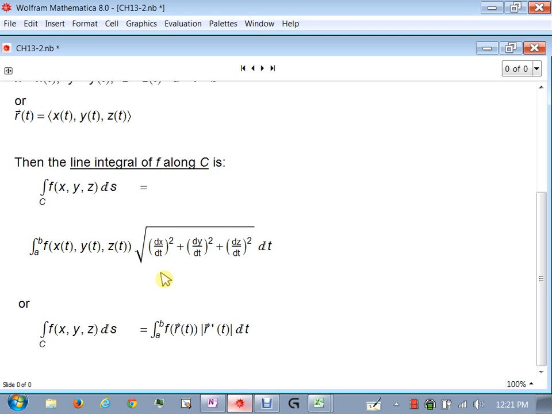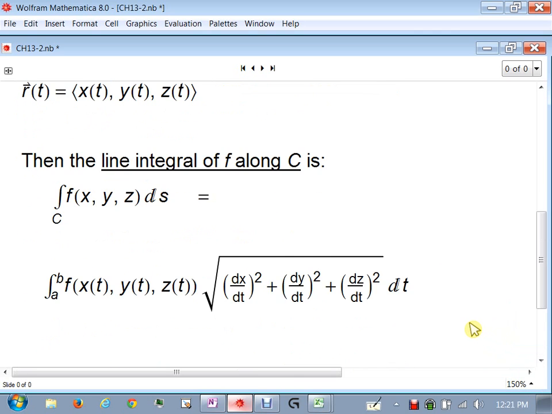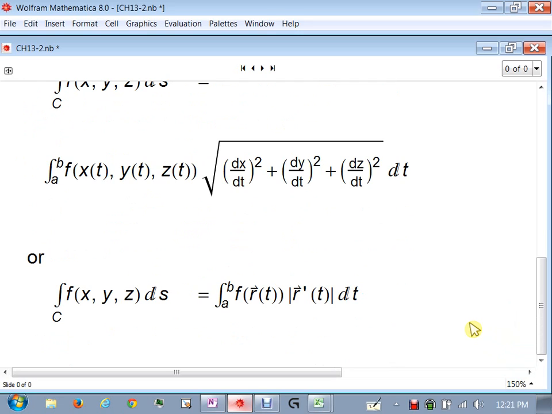Okay, but this is where things change, and this is vitally important because it's notation and it's critical that you see it. When we say this step right here, I want to highlight it.